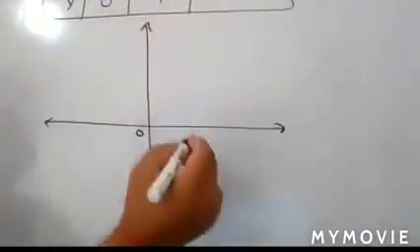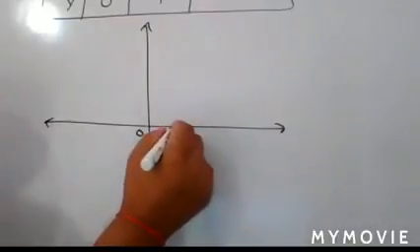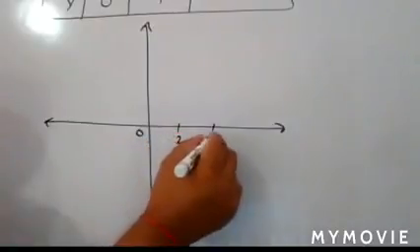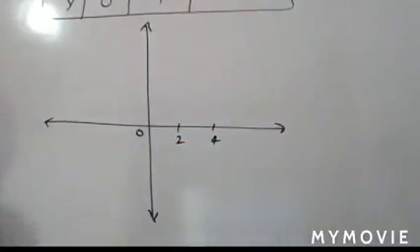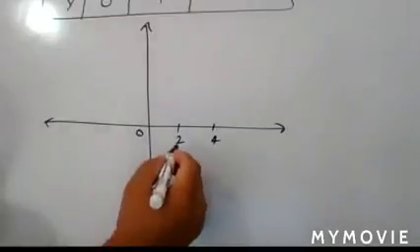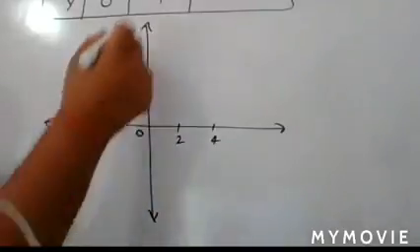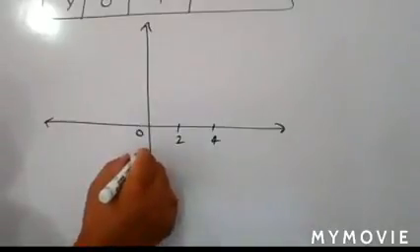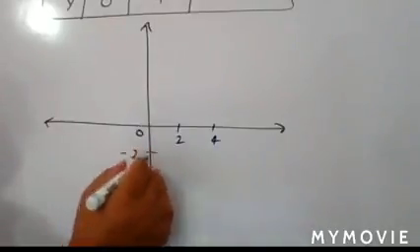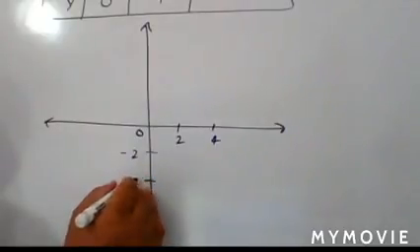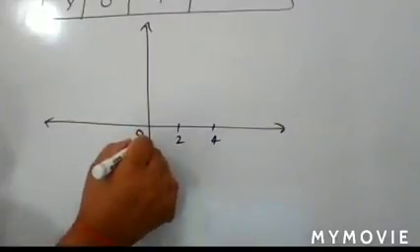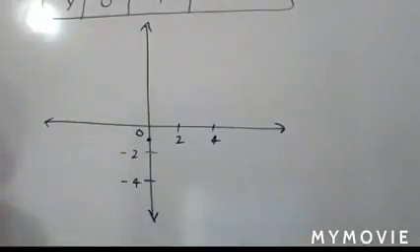Suppose I have taken here 2 and 4, means here you take 1 division is equal to 2. So that's why I am taking 2 and 4. And on the y axis, in the negative direction, here you have 0, here you take minus 2, and on this side here you have minus 4. Understand? And yes, minus 1 is in between these two. So this point is minus 1.